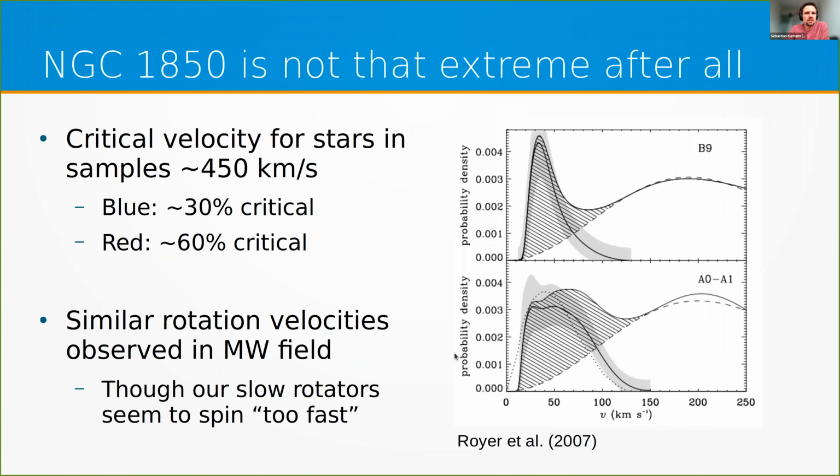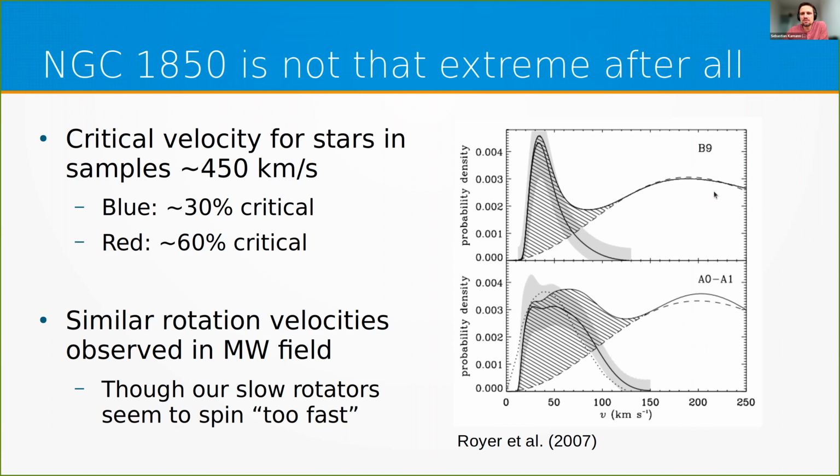These values are actually quite well comparable to what has been found in the field. So this is an early study by Royer et al. in 2007, where they found, for example, in late type B stars or early type A stars, which are similar to those that we see on the split main sequence, also bimodal distributions.